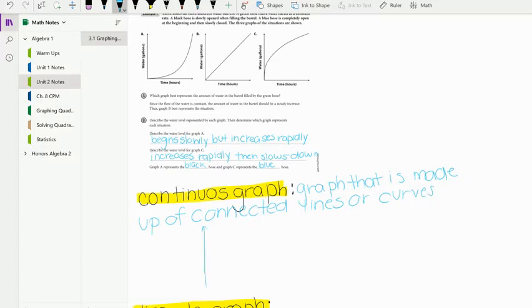So let's say we have a graph. It could look something like this, or if this is our graph, it could look something like that. So it's continuous. It doesn't necessarily mean it keeps going. It just means that we can connect the dots in between. So I'm just going to write the word connected. So think continuous, connected.